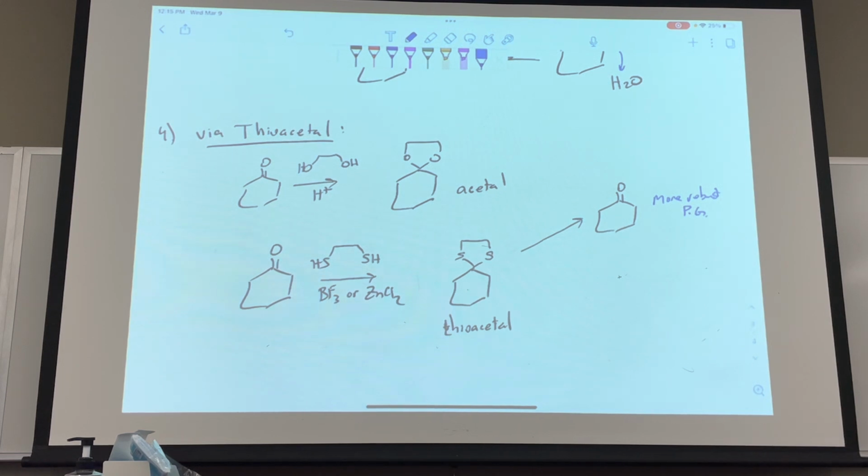So you run the risk with acetals of accidentally taking them off, because it's very common to add dilute acid to your reactions. So the thioacetal is much more robust. You're not going to take the thioacetal off unless you really want to, because in order to remove it, you have to use mercury salts.